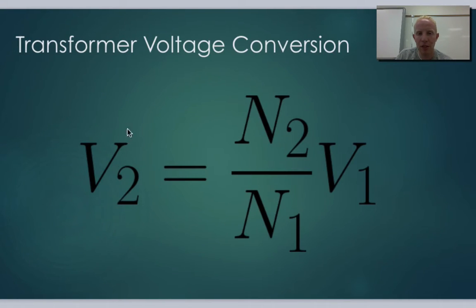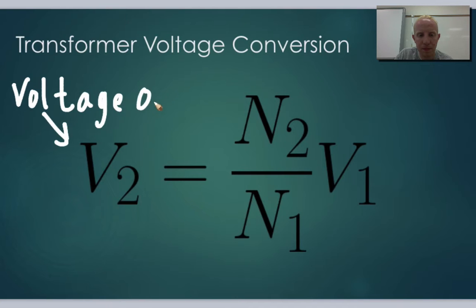So this is our equation. Basically it just says that if you want to find out the voltage on the other end of a transformer, you take the number of loops on the second end compared to the first end and multiply it by the voltage on the first end. I'll call this voltage out, and this is voltage in.